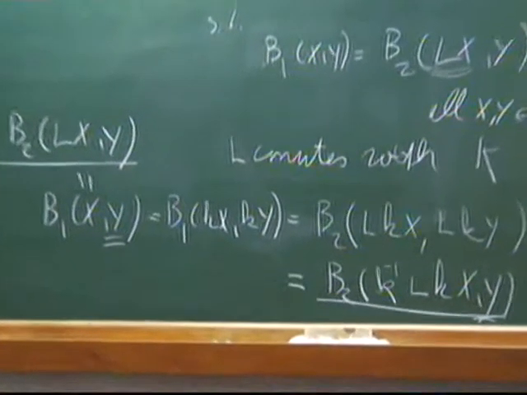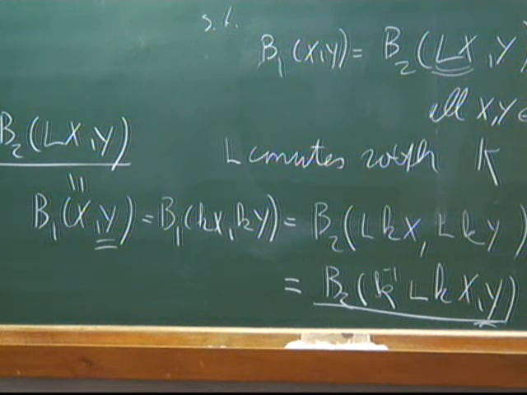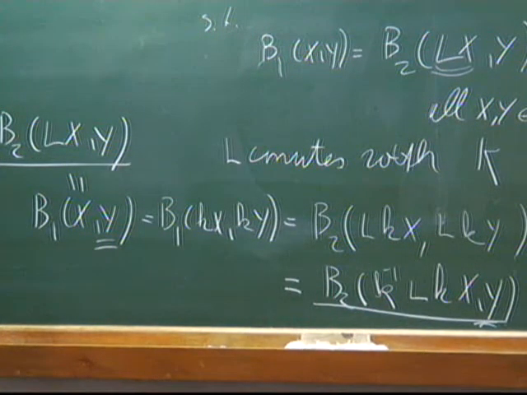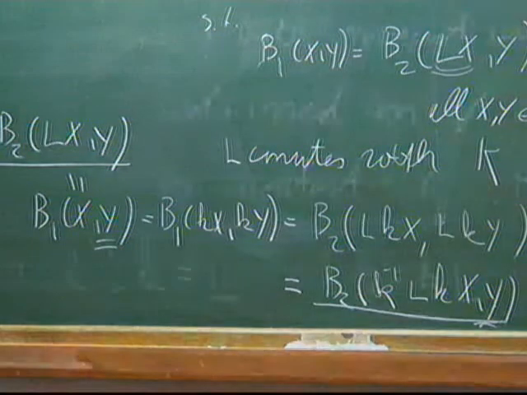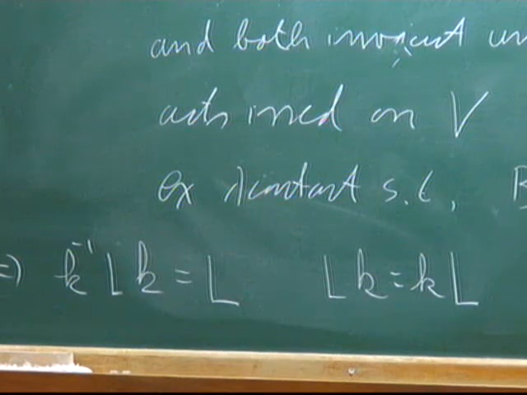And now I can use one version of Schur's lemma, but in fact, you can see immediately why this is impossible. So I need one more property of L to finish this off. Pardon?